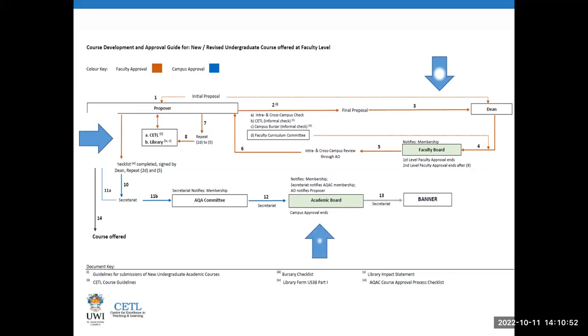Now during that process, sometimes it might be back and forth. If it's a really good proposal or there is hardly anything to amend, then usually it might be sent back to you once from the CETL, at least once, just to fix one or two minor things.